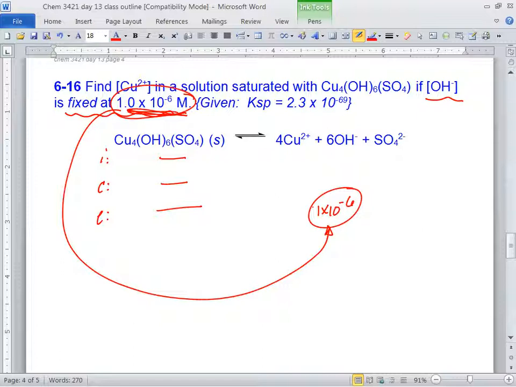Now the others you still got to work on. The hydroxide is fixed at 1 times 10 negative 6 molar, so that's what you have to use.